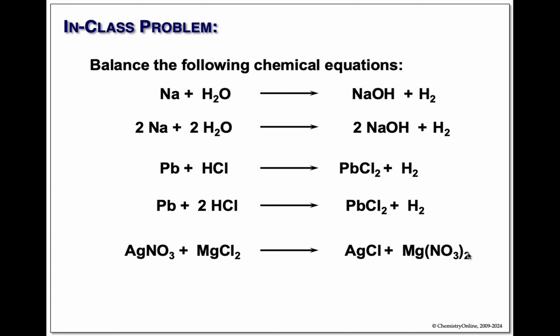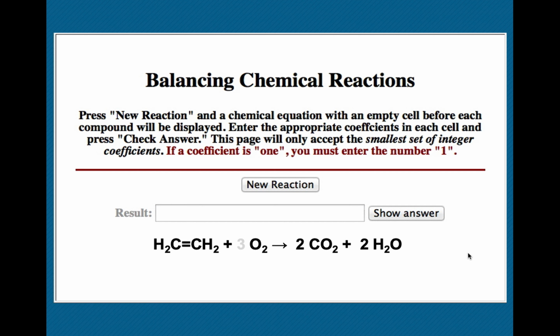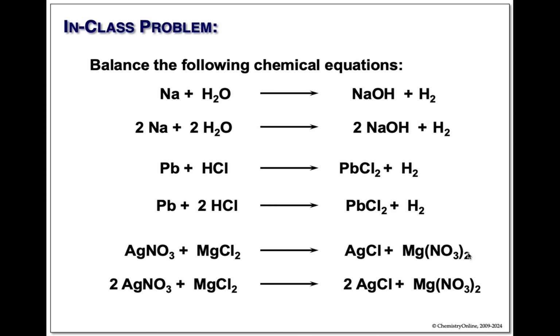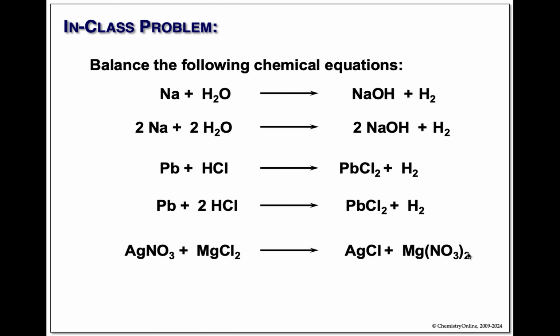And the last one. Here we're dealing with a polyatomic ion, nitrate. When you're dealing with polyatomics, just treat it as a lump. Don't do a nitrogen and three oxygens, whatever, just a lump.